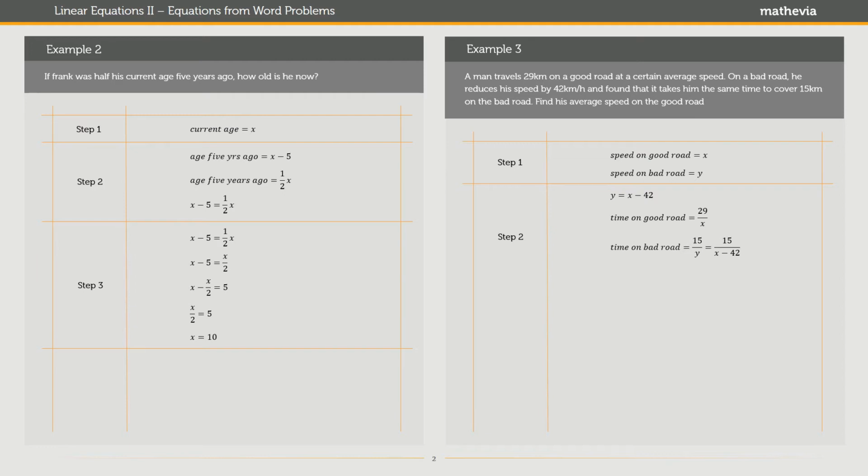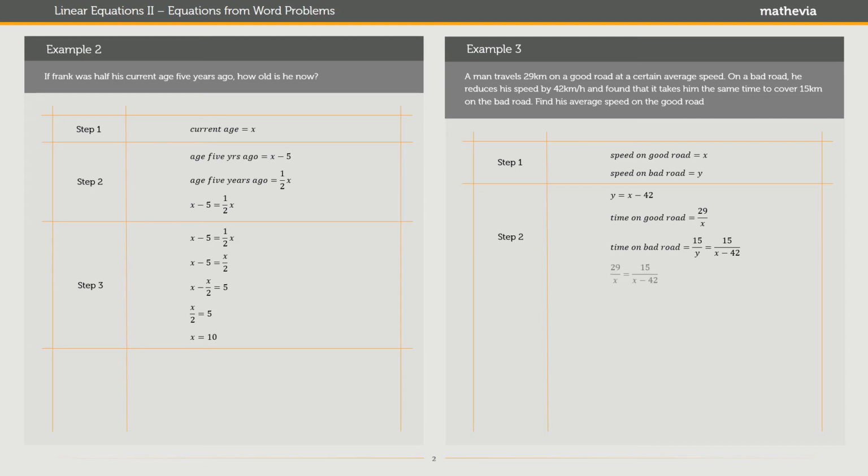So time equals distance over speed, 15 kilometers divided by y. Remember that y equals x minus 42, so the time on the bad road could also be expressed as 15 over x minus 42.